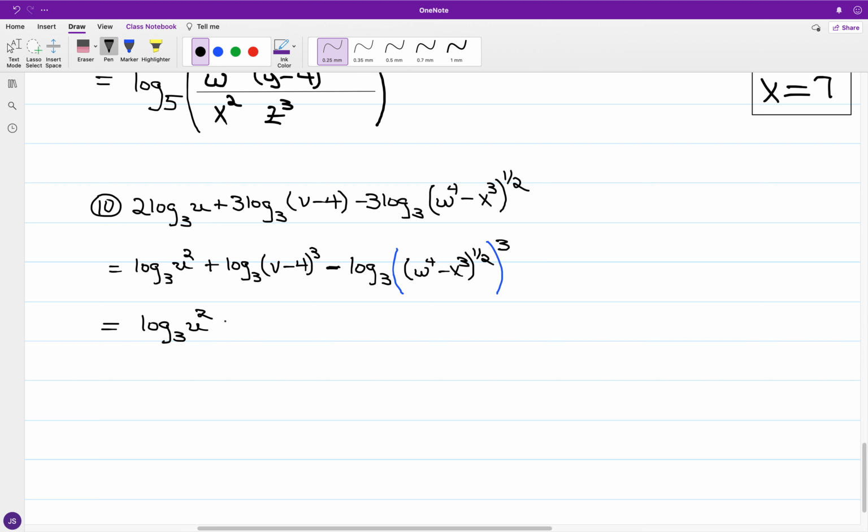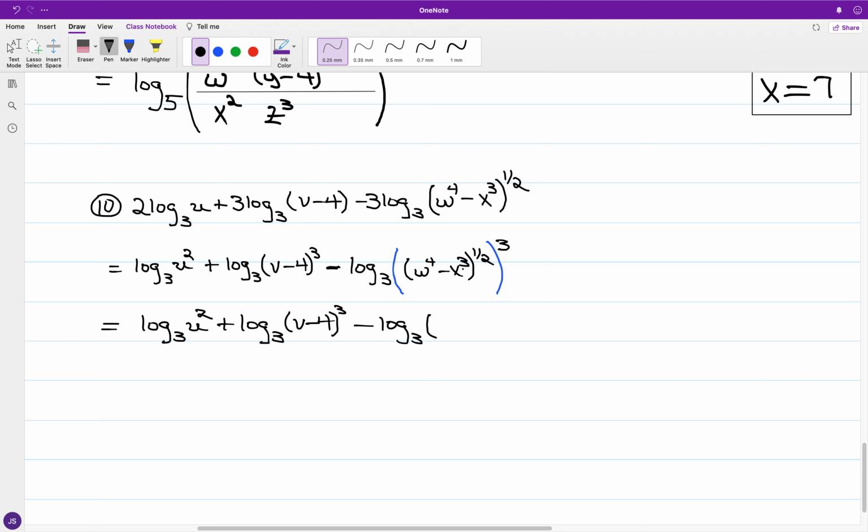For just this individual term, that's already taken care of, and also for v minus 4 to the 3rd, we have things taken care of prior to the condensing into one term. But with the work that remains prior to making it a single base 3 logarithmic term, I still have this exponential work for w to the 4th minus x cubed that remains.